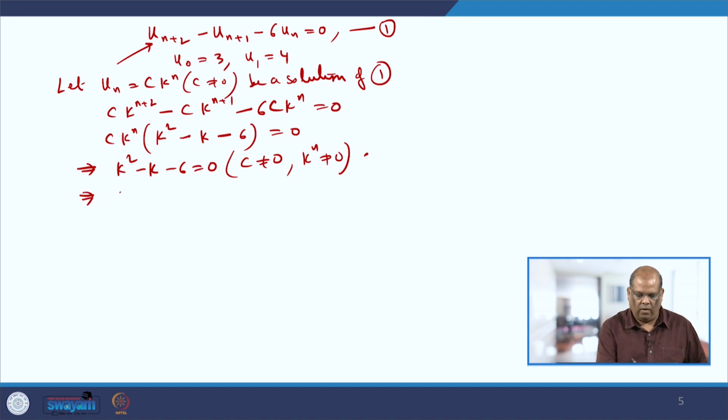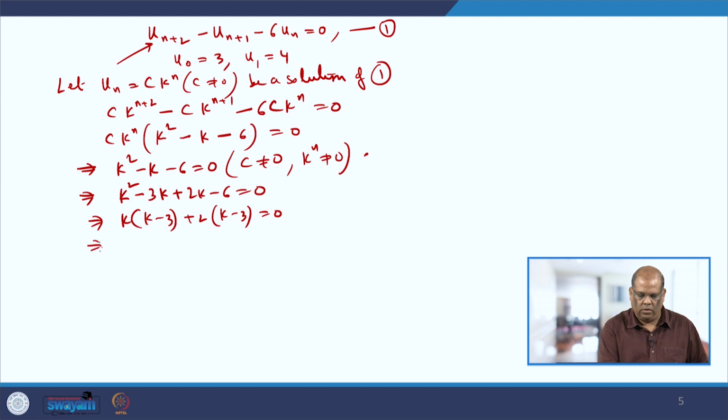We quickly factorize it. So, (k minus 3)(k plus 2) equal to 0, and the values of k are 3 and minus 2.